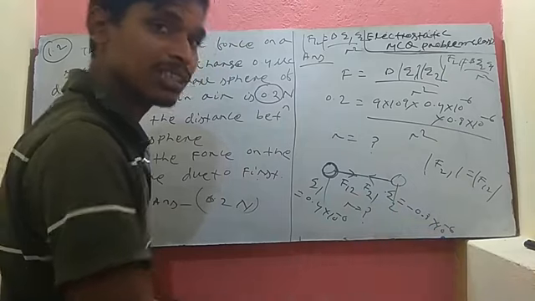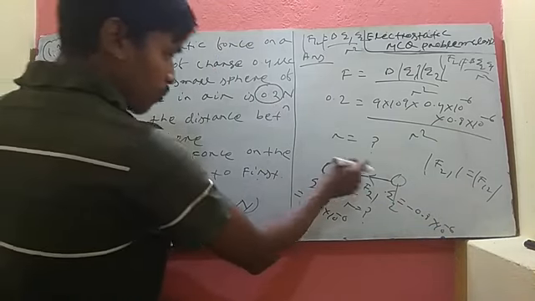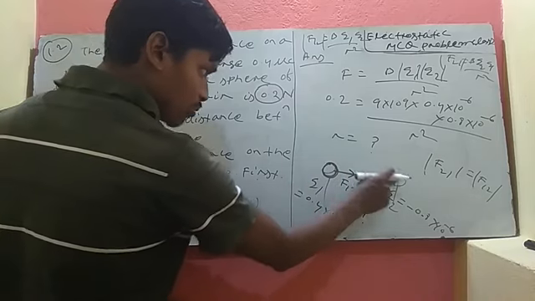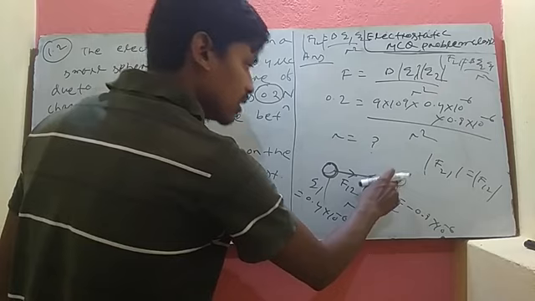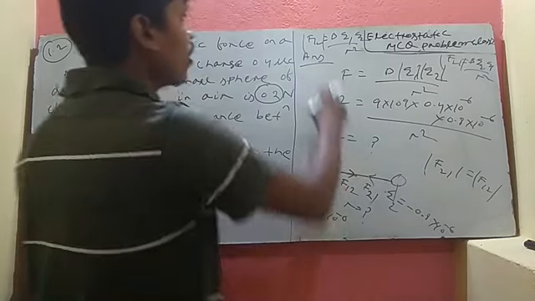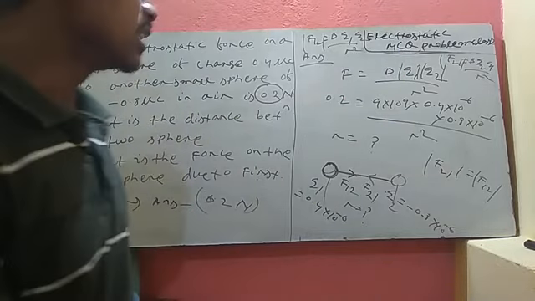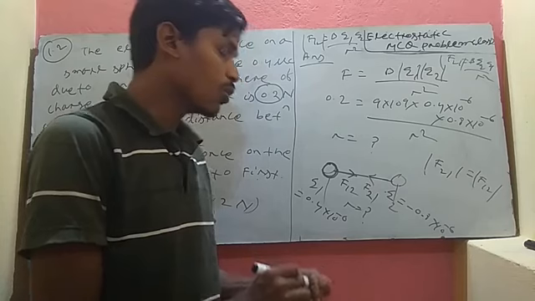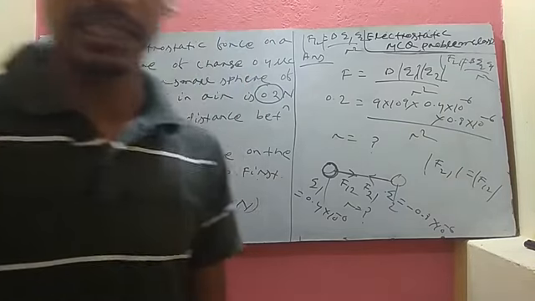Same thing, same answer, 0.2 Newton. Yes or no? One force acting on this body due to this is 0.2 Newton. Similarly, force acting on this body due to this body is 0.2, because the magnitude of force is equal. You have already known in theory class. Yes or no? So the next question we will study in the next class. Yes or no? Thank you.